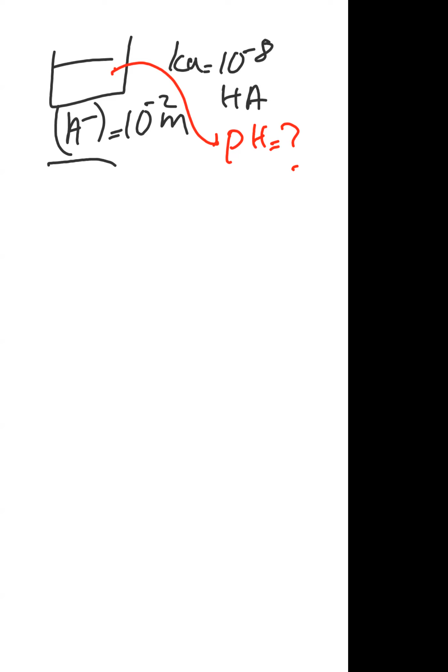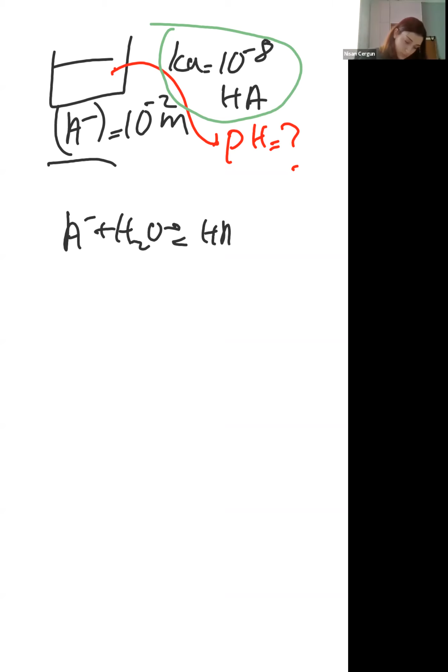Because we just have A minus, no HA as a starter. We just have the Ka value for HA. Okay, then that means you are dealing with hydrolysis, which will be A minus plus water to HA and OH minus. Then the rest depends on you, baby.